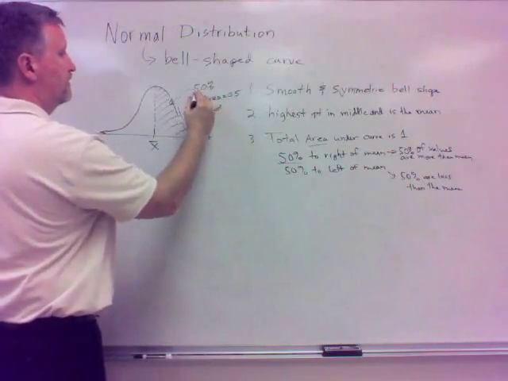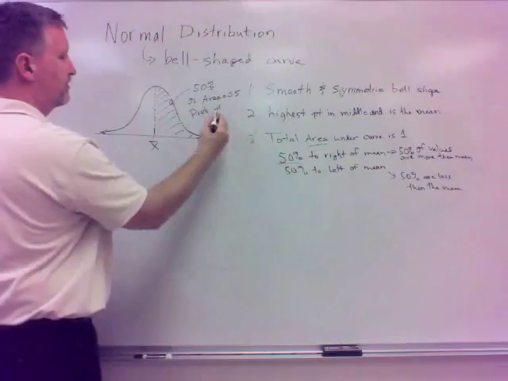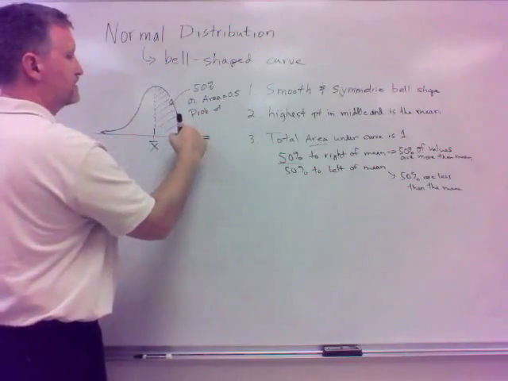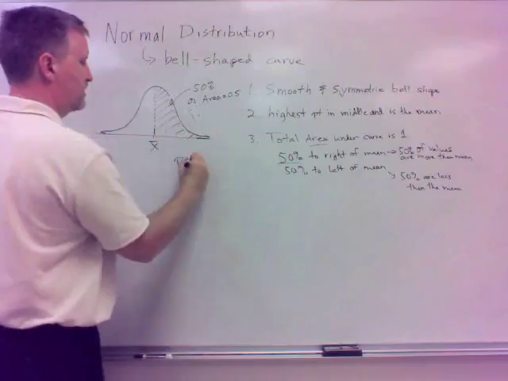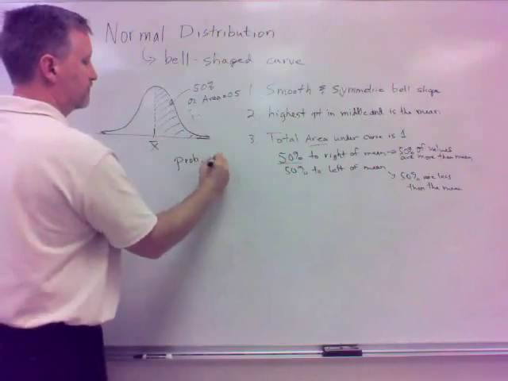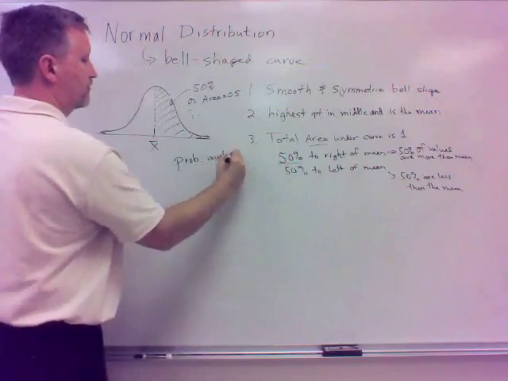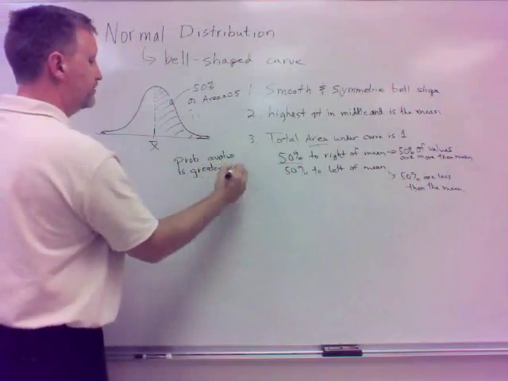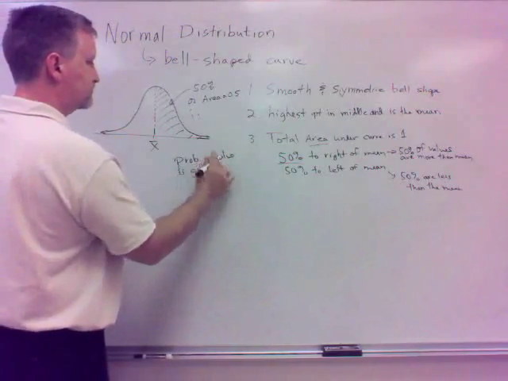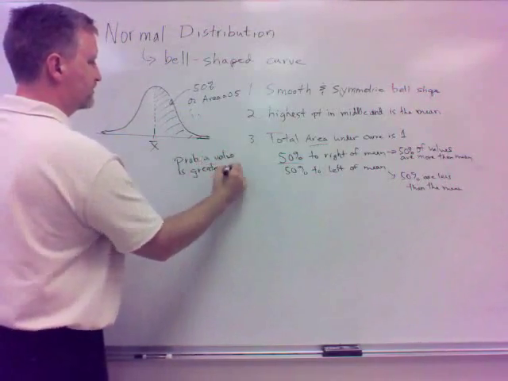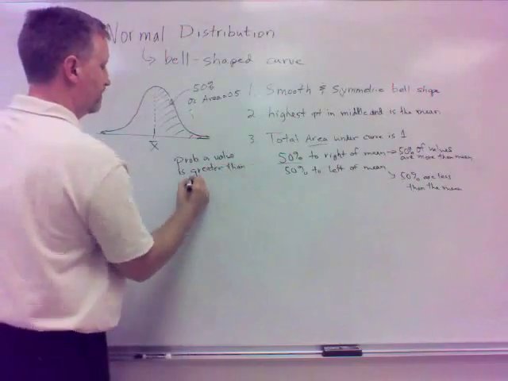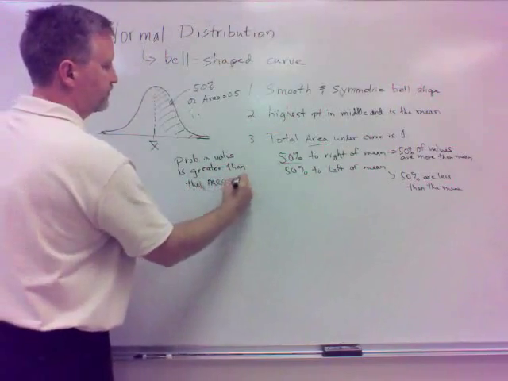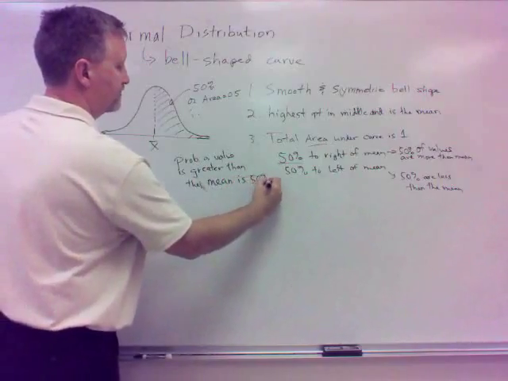So this area is 50% or 0.5, and the probability that a value is greater than the mean is 50% as well, or 0.5.